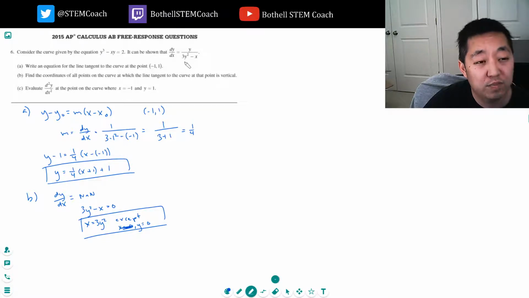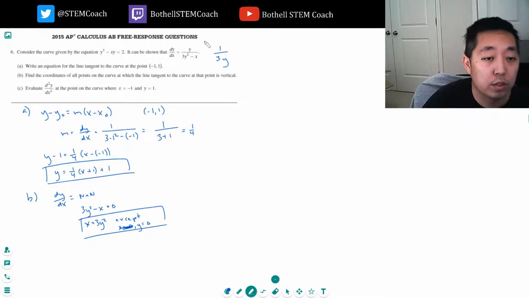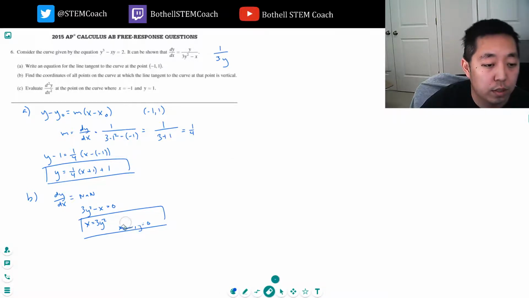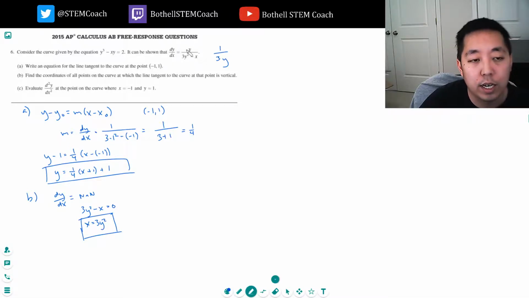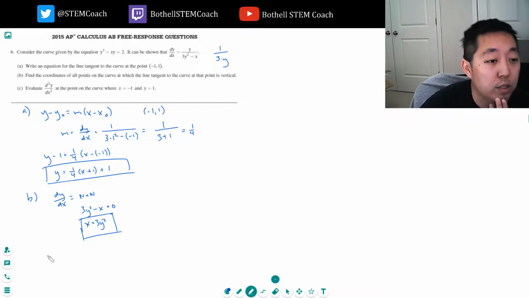If this is 0, then this approaches 1 over 3y. Actually, you need to include 0, so I'm going to take away my caveat of it not being 0. You kind of have to examine whenever you have a 0 over 0 kind of limit. You've got to look at it like a limit. What does the derivative approach?